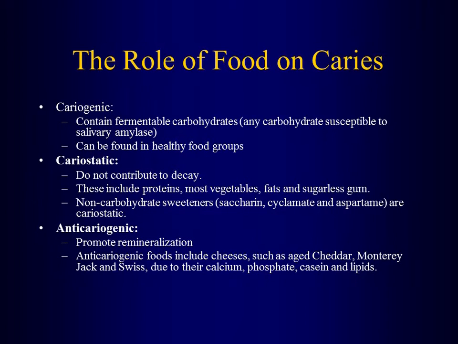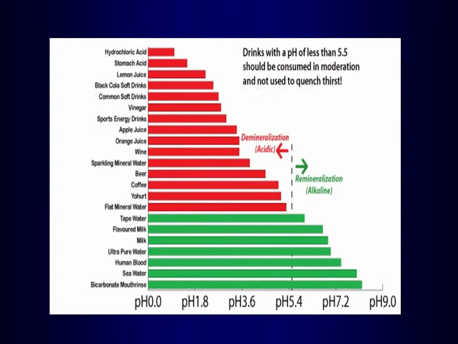And as one would expect, the anti-cariogenic foods include milk products such as cheeses because of calcium, right? There are pictures similar to this that we hand out to our patients every time they start radiation to let them know what are the foods that are acid and what are the foods that are not. It helps them understand what they're eating and its dental impact.